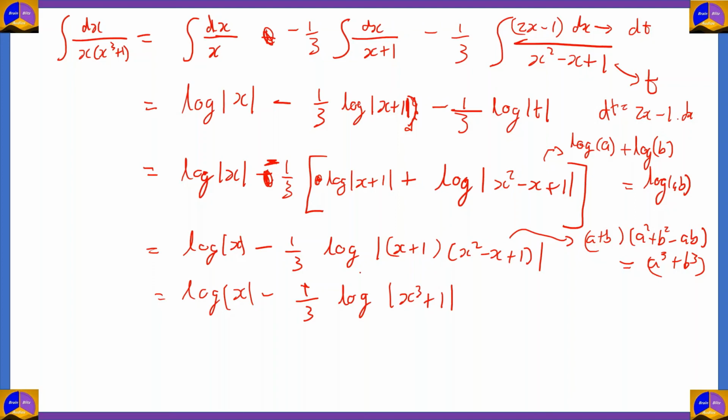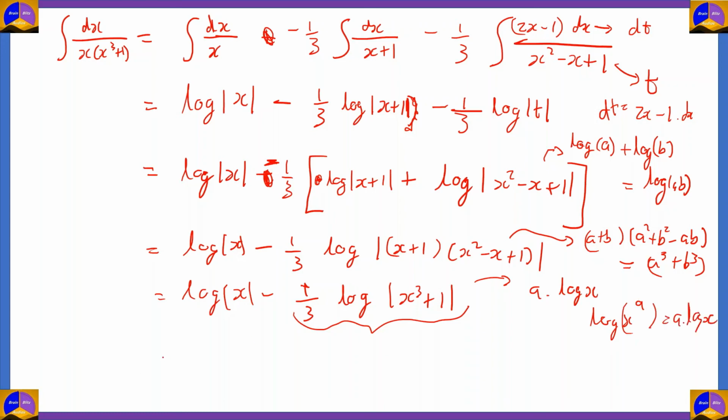Now, if you look at this part, 1 by 3 log x cubed plus 1, it is now looking like a times log x. And if you remember a property for logarithm, it's log x raised to a. So that is equal to a times log x.